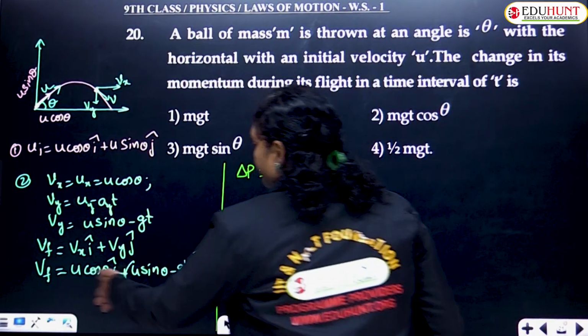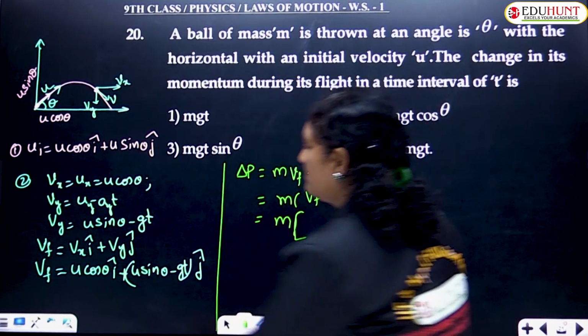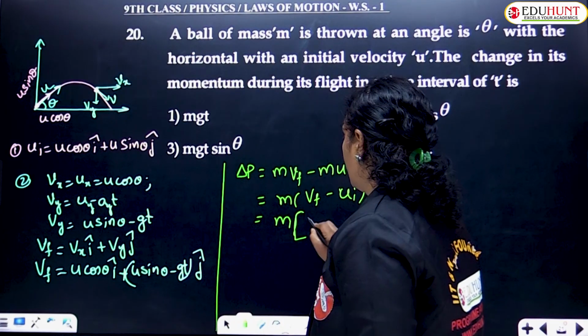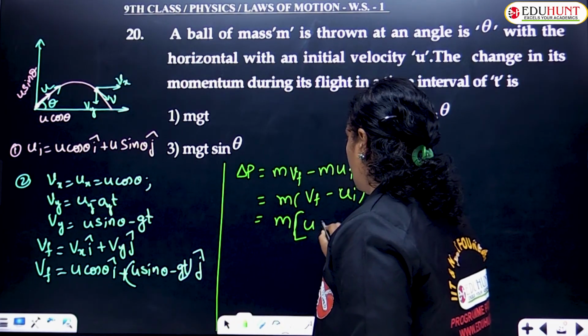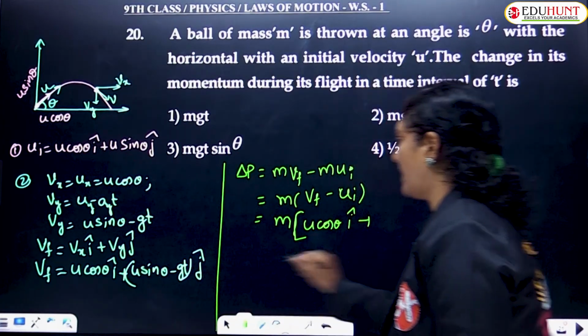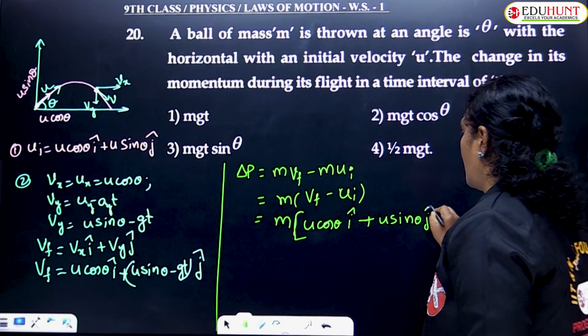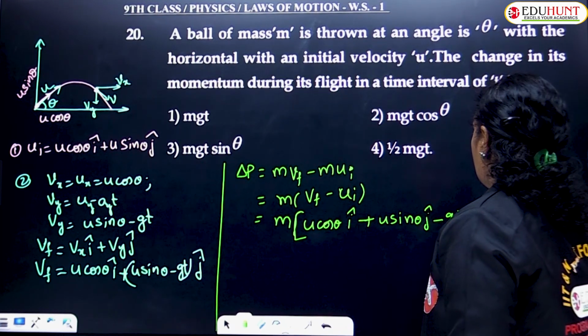For the final velocity, which we just calculated, what is Vf? Vf is written as u cos theta i cap plus u sin theta j cap minus gt j cap.